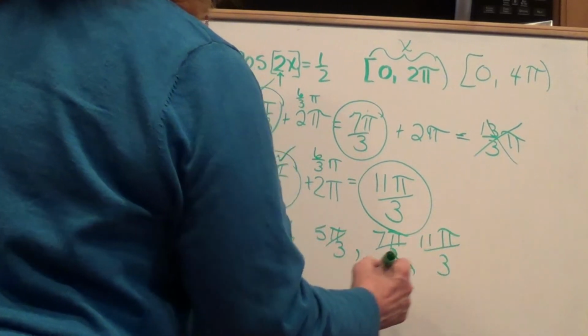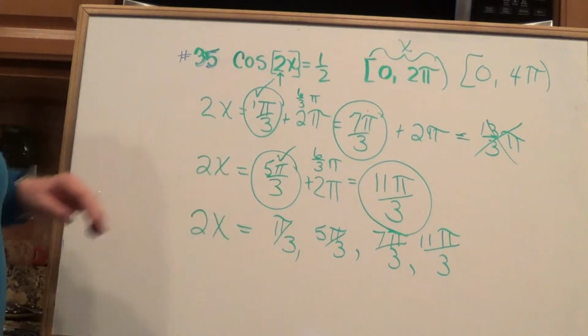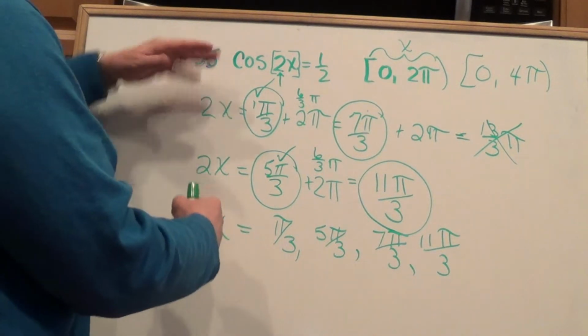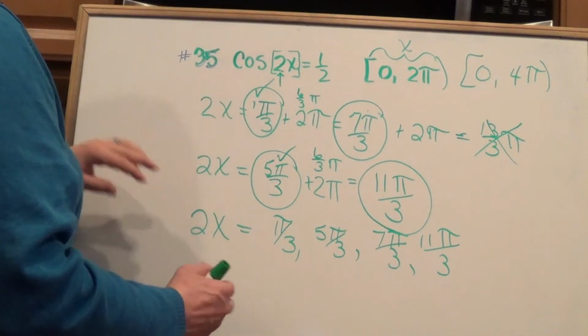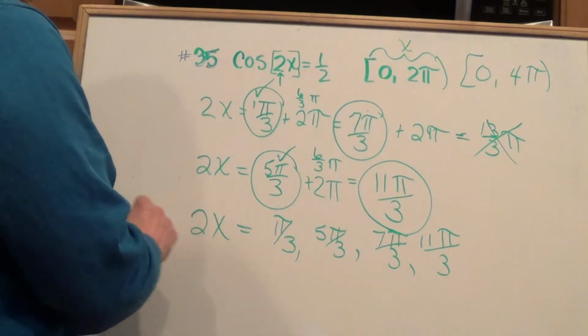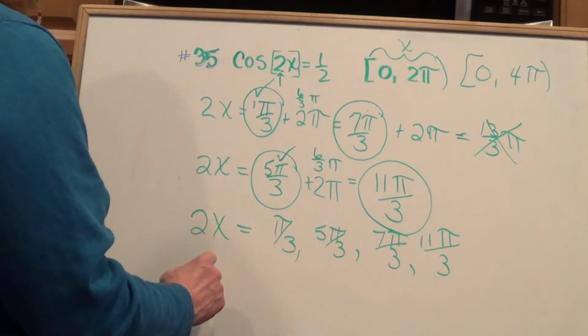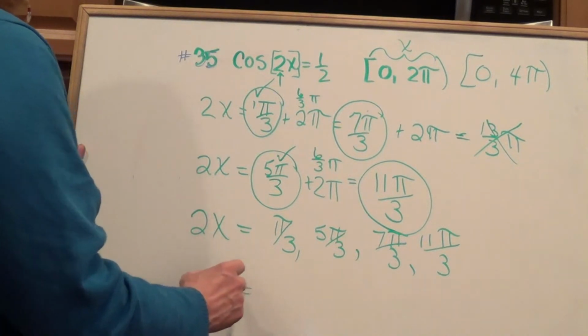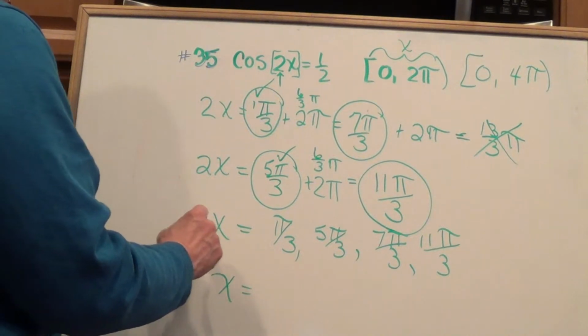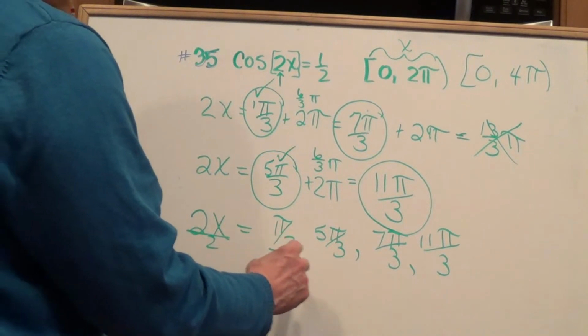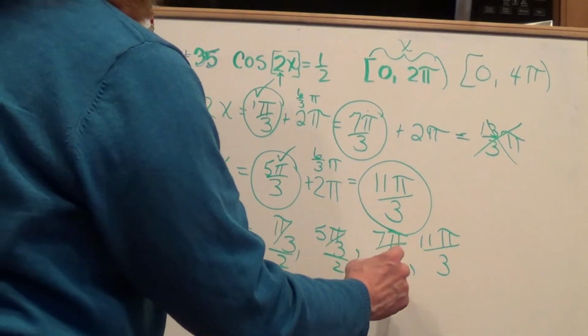Alright. Now, that is the answer for 2x. And finally, because we already took the cosine, we can divide this now. There's no trig function preventing us. So I don't want to know what 2x equals. At the end of the story, I want to know what x equals. So I have to divide all of these by 2.